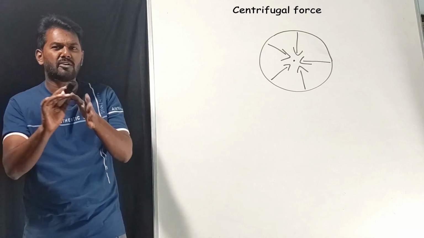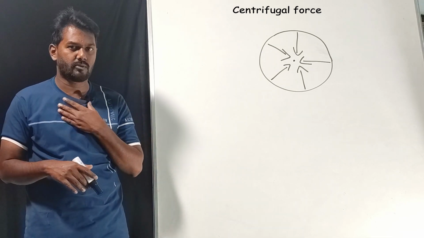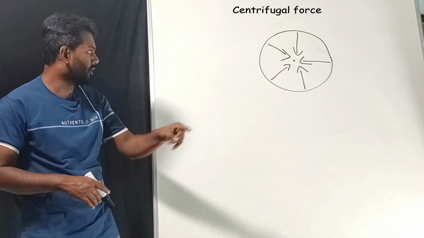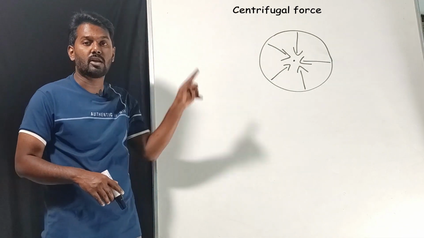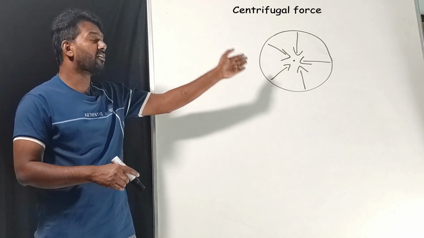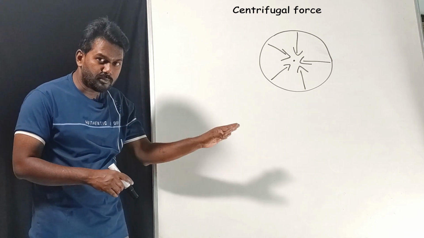Now we'll talk about centrifugal force. Centrifugal force is a force which is assumed by the observer when a body is moving in a circular path, and the direction of the centrifugal force will be away from the center. Actually, there is no centrifugal force. This is just an assumption.